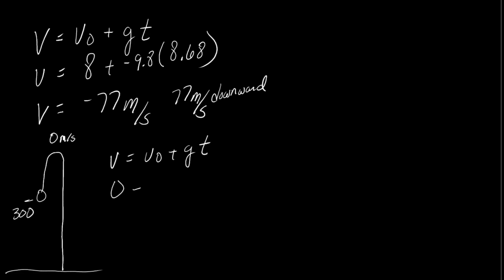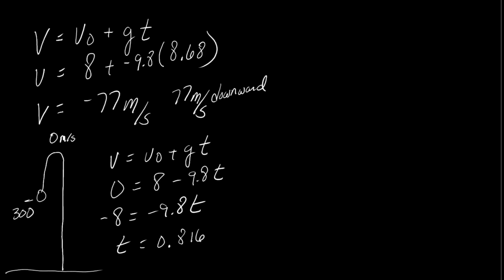So 0 is going to equal the initial velocity of 8 minus 9.8t. So taking the 8 to the other side, I have negative 8 equals negative 9.8t. So the time it takes to reach the apex will be 0.8162 seconds.